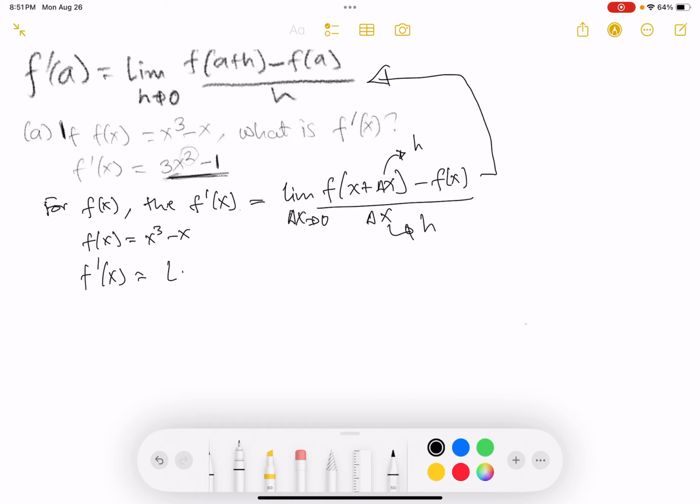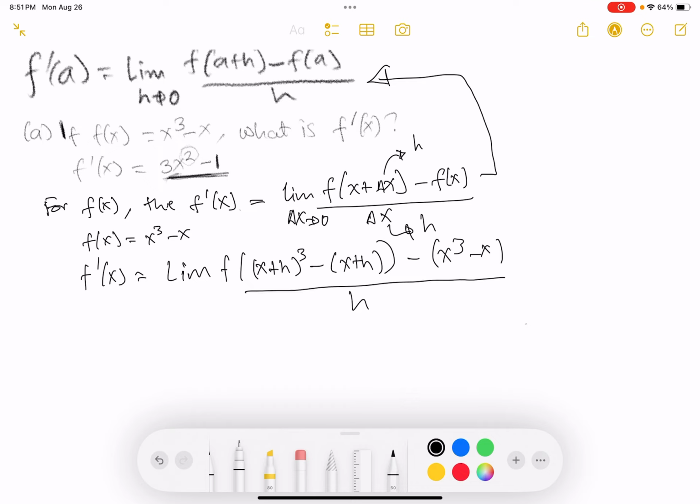So in this case, we'll say the limit of the function f, in this particular case, (x plus h) cubed minus (x plus h), minus the original function, which is x cubed minus x, over h as h tends to 0.